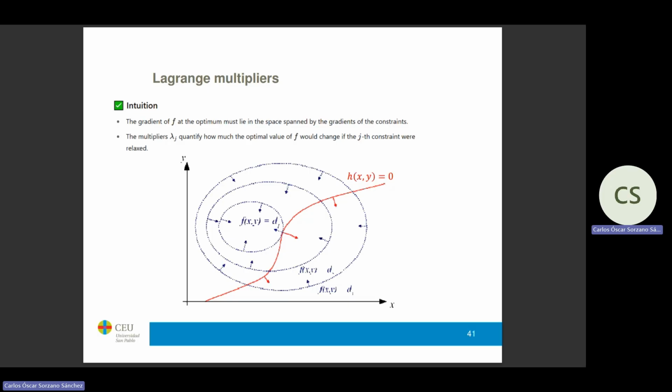So the gradient field is always perpendicular to the constraint. And this vector is in the space spanned by this one. So actually this one is one half of this.